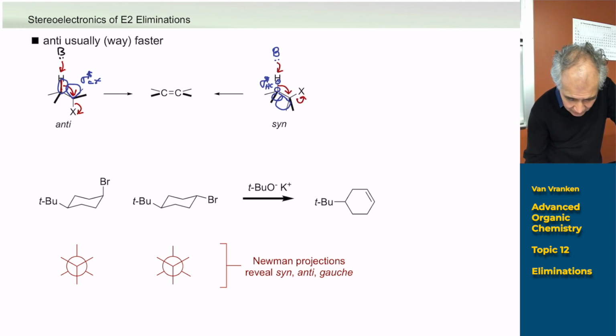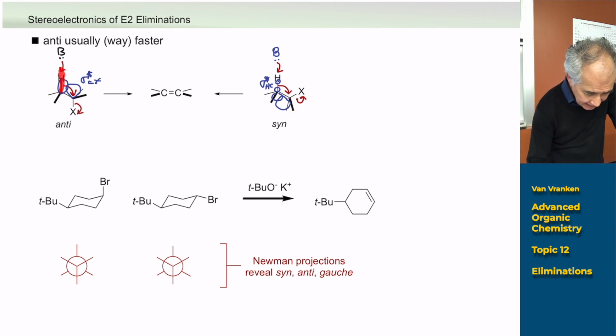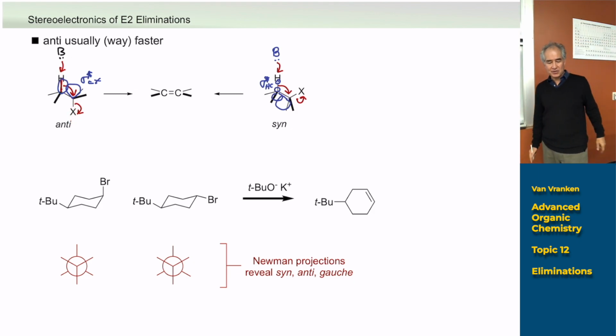But that's not equally good because the back end of this sigma star orbital is not very big. So you won't get as efficient elimination if it's exactly syn. You'll get the best, fastest elimination if the HC bond over here is exactly anti and parallel to the CX bond with the leaving group. That's going to be the best arrangement.